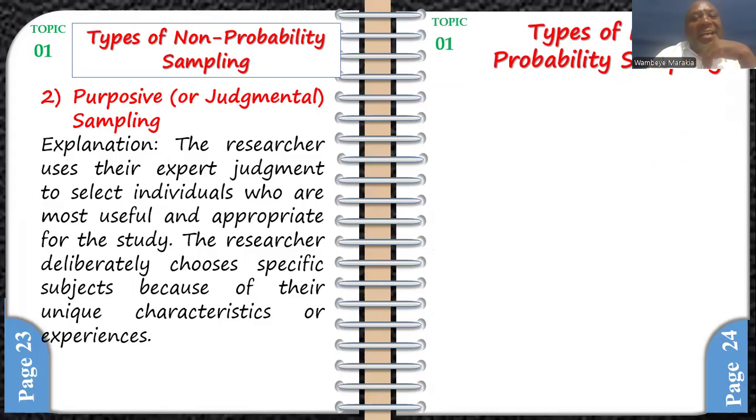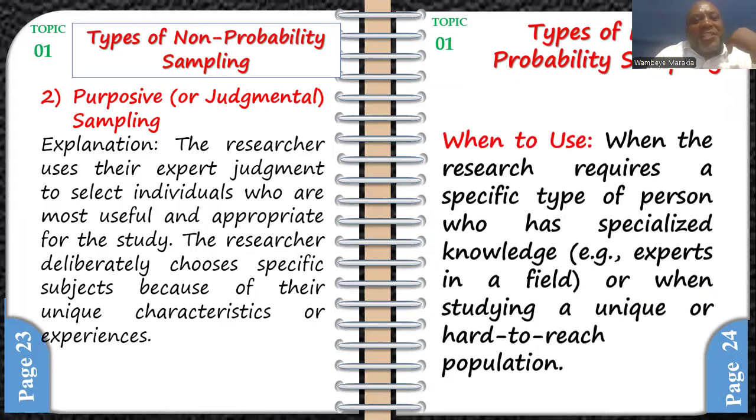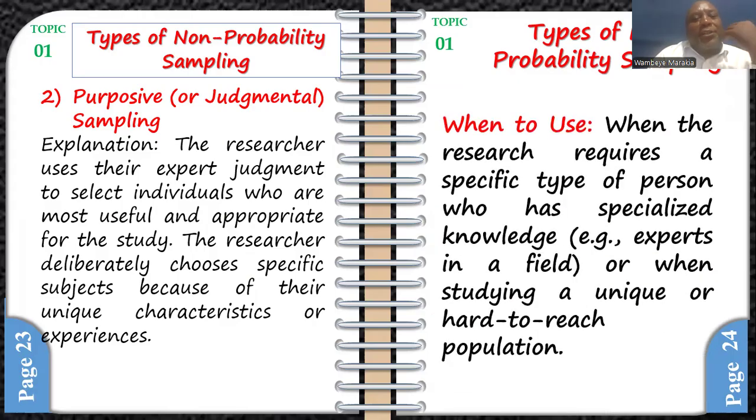Another non-probability sampling is purposive sampling, sometimes called judgmental sampling. The researcher uses expert judgment to select individuals who are most useful and appropriate for the study.